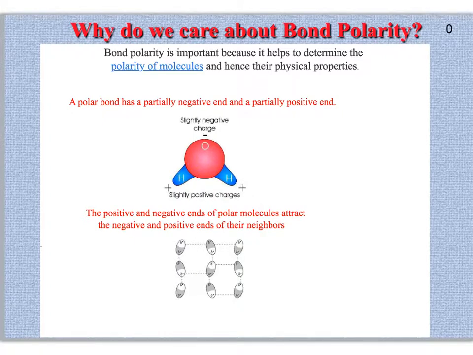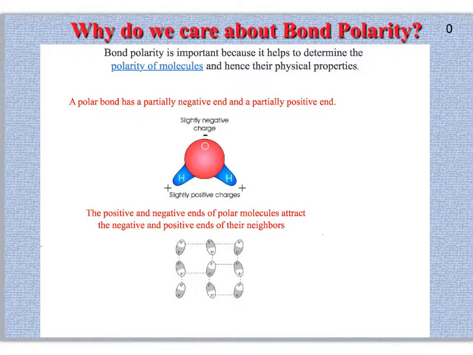Why do we care about bond polarity? The polarity of a bond, and more importantly, the polarity of an entire molecule, determines all sorts of properties. It determines what other molecules it'll interact with, like what it's soluble in, what it isn't soluble in, what it's attracted to and spends time around, how reactive it is.